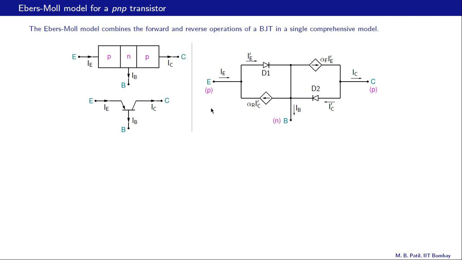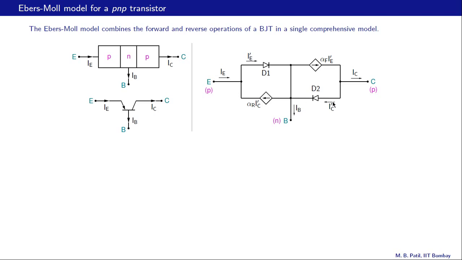And now we come to the Ebers-Moll model. The top branch here corresponds to the active mode, and the bottom branch corresponds to the reverse active mode. And let us consider the active mode first. In the active mode, the base emitter junction is under forward bias and the base collector junction is under reverse bias. And in that situation, D1 will conduct and D2 will not conduct.